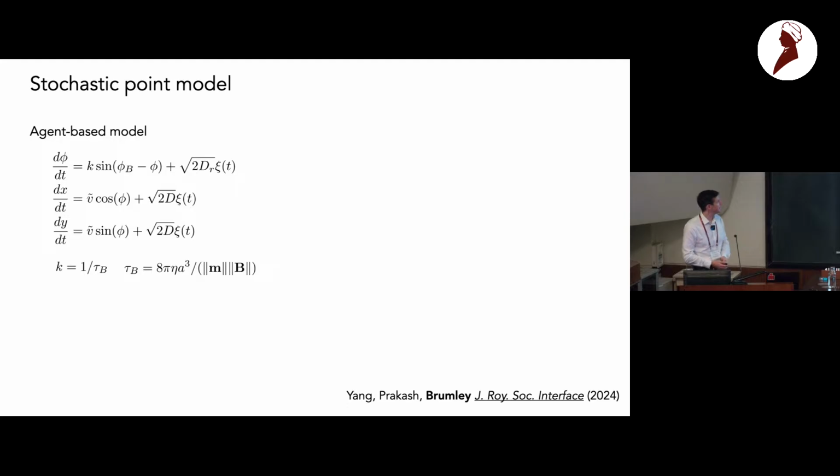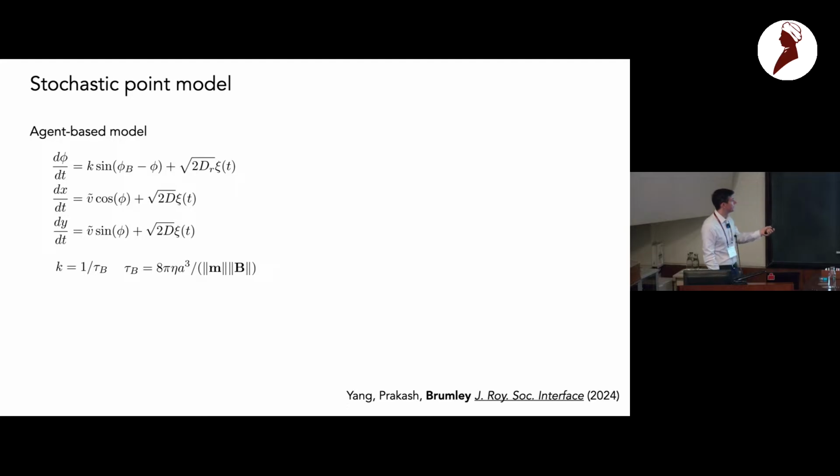So we compared the observations with an agent-based model where we treat these organisms initially as point-like particles. So they just have a position X and Y. We ignore the 3D effects here for their orientation, but they have some angle phi with respect to the magnetic field.